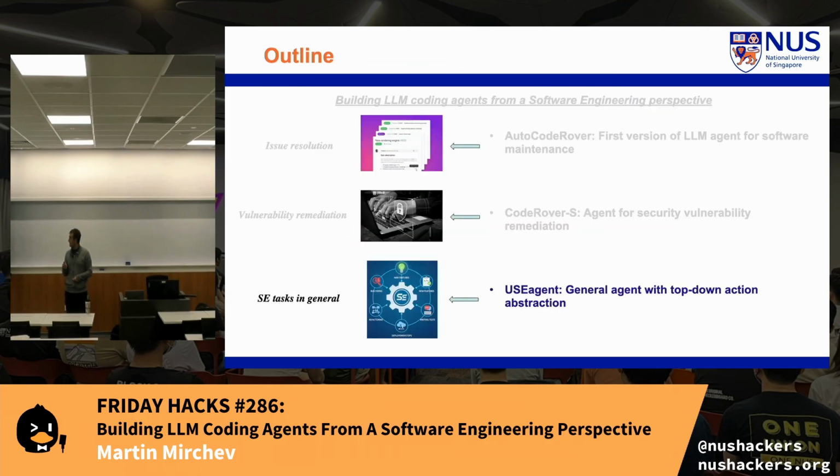Now, the next step from this is that, yes, we had a system for fixing GitHub issues, and we have a system that can fix vulnerabilities. But the next question is, what is the more general use case that we fundamentally have? This is where we take the next step with our unified software engineering agent.